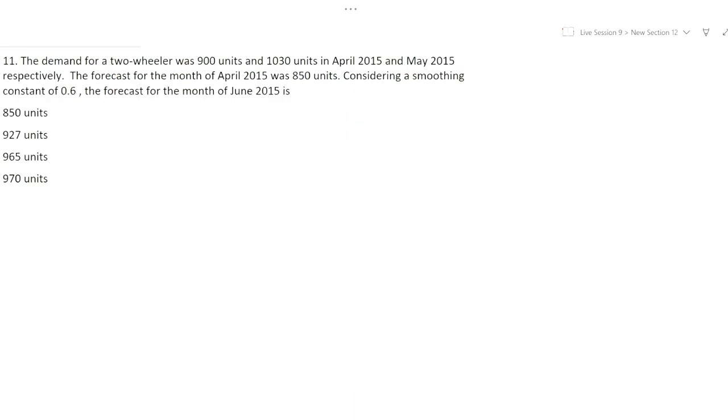Okay, so the next question. The demand for a two-wheeler was 900 units in April and 1030 units in May. Demand of April is 900 units. Demand of May is equal to 1030 units.